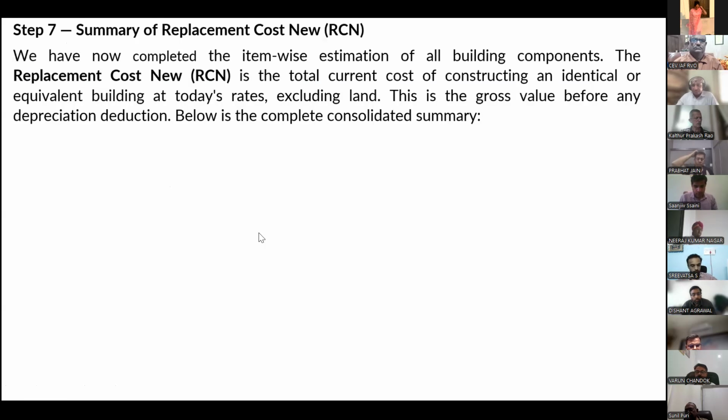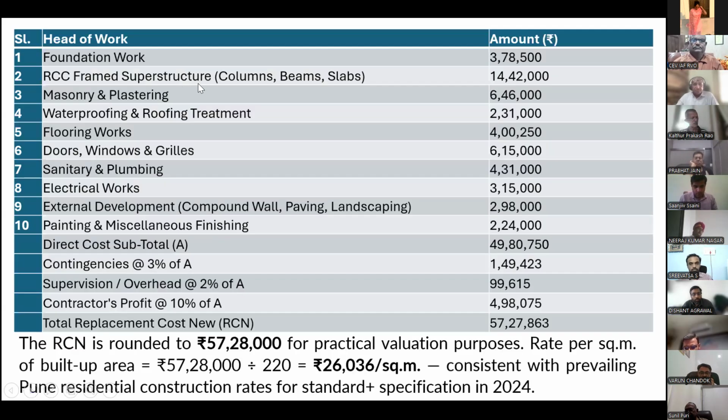So we calculate the current cost. Foundation work is 3,78,500. RCC framed superstructure, columns, beams, slabs, etc., 14,42,000. Masonry and plaster, 6,46,000. Waterproofing and roofing treatment, 2,31,000.